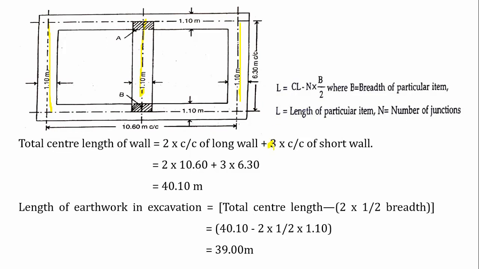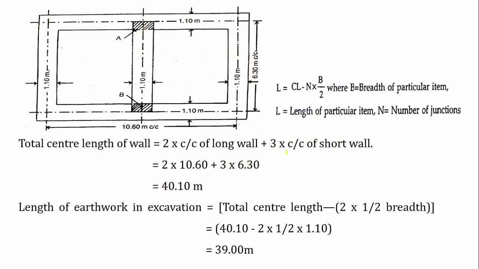So 3 numbers. Center to center length is 6.3 meters. 3 short walls we have of length 6.3 meters. If you add up, total length will be 40.1 meters.